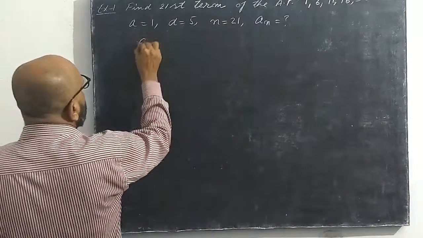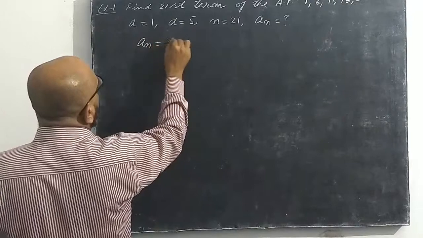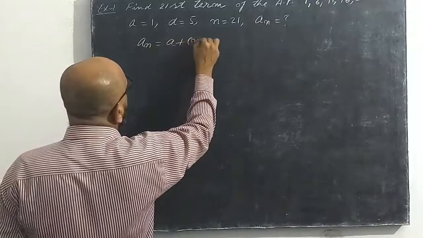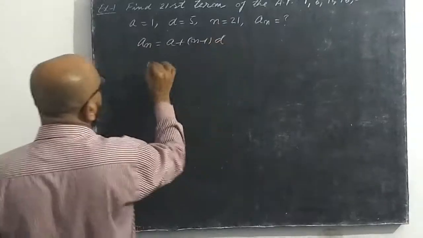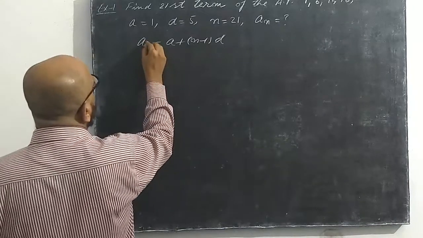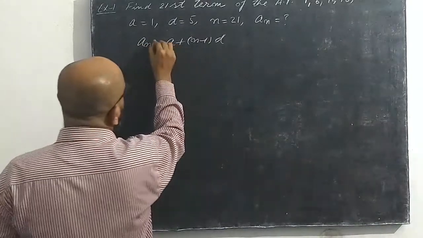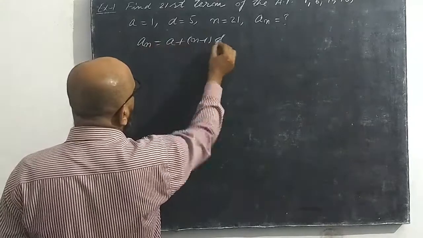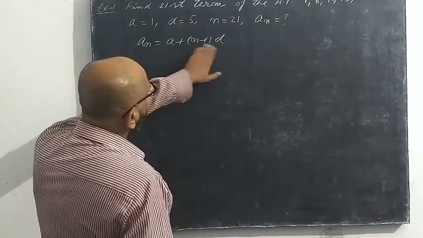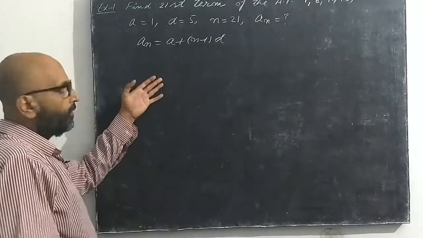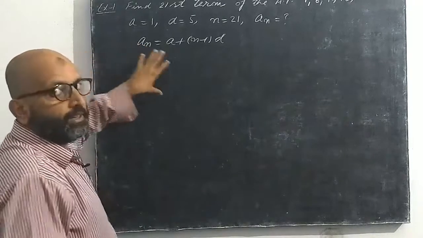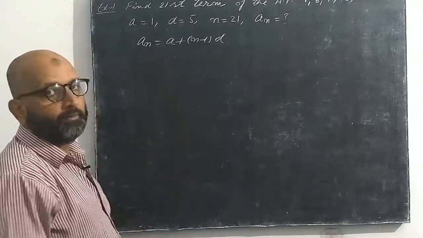So as we know, the nth term of an AP is an is equal to a plus n minus 1 into d. In this formula there are 4 unknowns, that is a, n, an, and d. Out of these 4 unknowns, if we know 3, the fourth one we may find out.